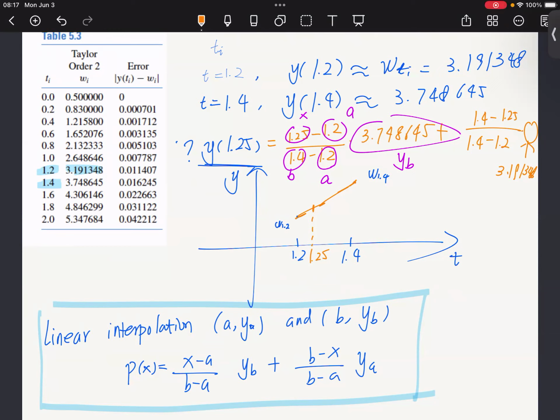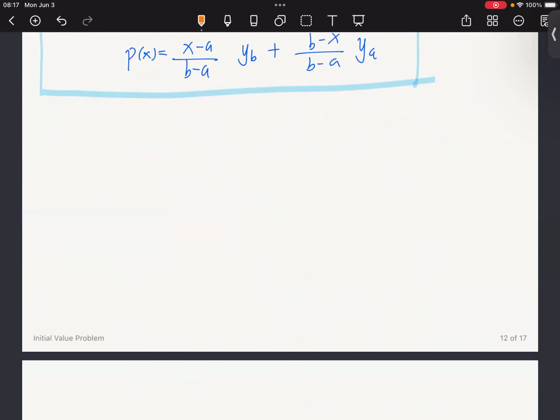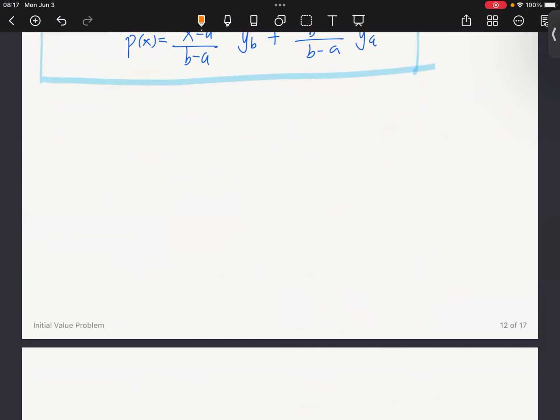And I would like to remind you of the equation, because some people in our class forgot what the Hermite interpolation is.